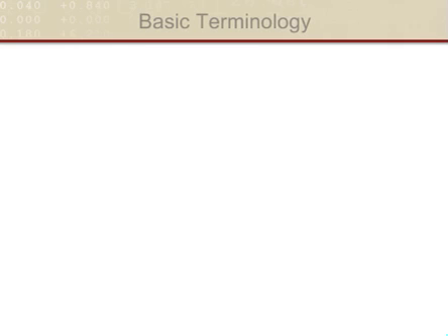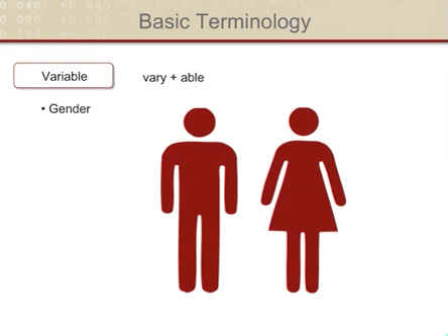Let's address some basic terminology. Variables. Now this one seems to get misused a lot. If you think about the word variable, it's vary and able. Something that is able to vary. So for something to be a variable, it's got to have a range of values. Gender is a variable because it can have the value of male or female.